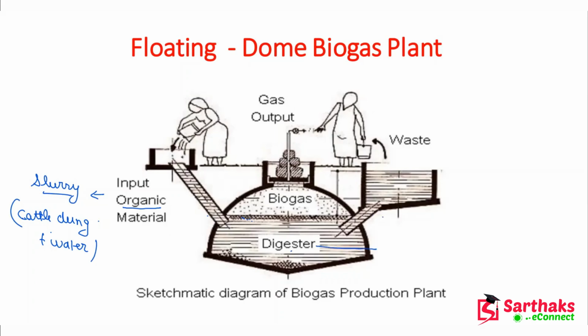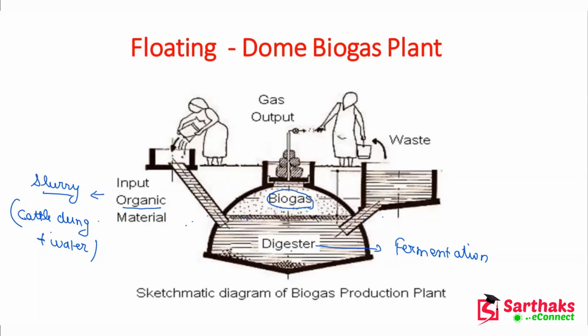It is basically an anaerobic fermentation, biogas is produced, the gas is collected, and the waste material is secreted out from the tank. This is how biogas is formed. We use cattle dung and water as raw material, and we obtain biogas as an output.